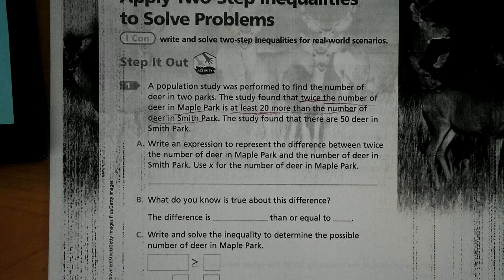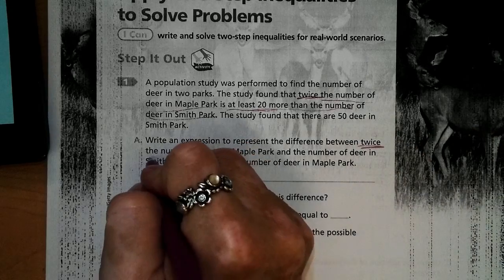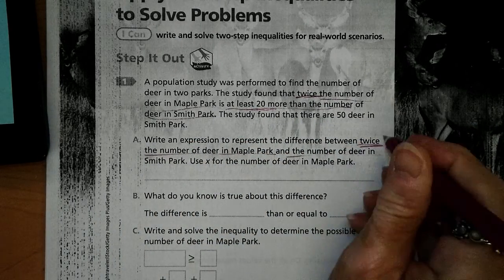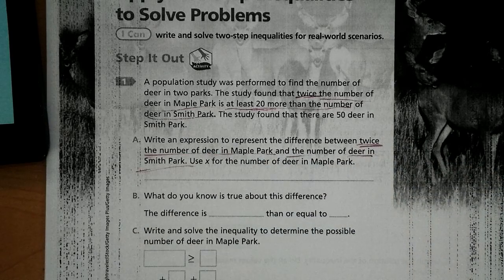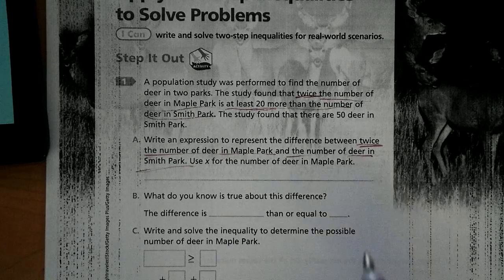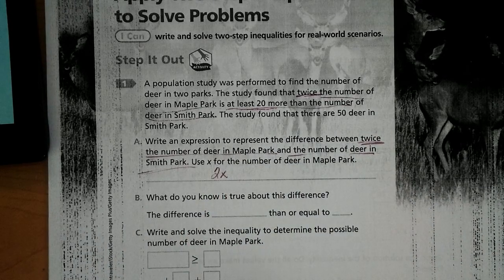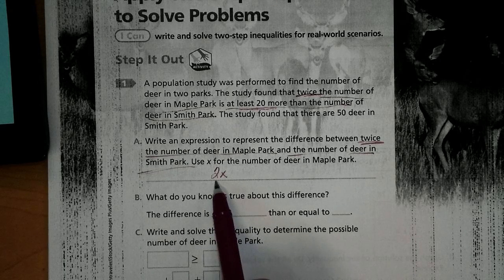Write an expression to represent the difference between twice the number of deer in Maple Park and the number of deer in South Park. Okay? So twice the number means 2x. Twice, whatever the number is.